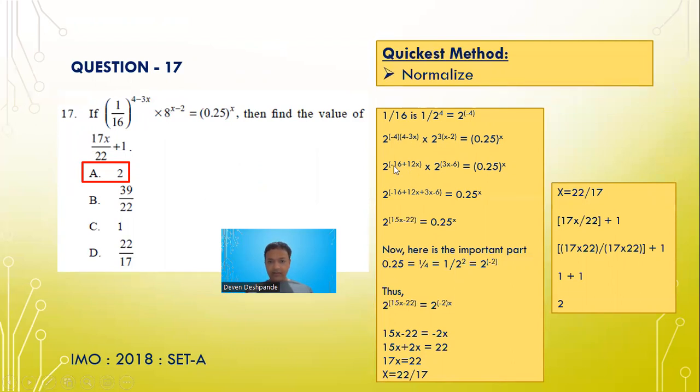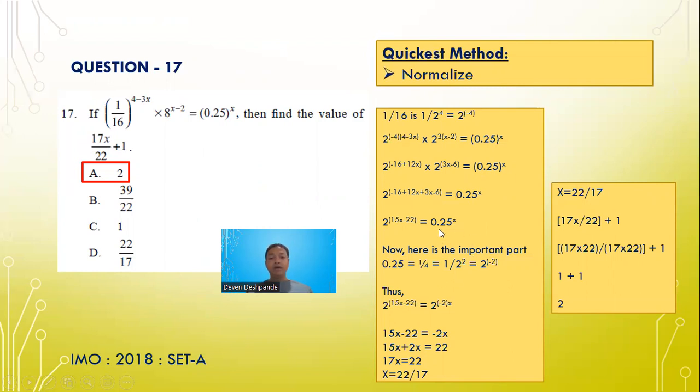So 2 raised to minus 16 plus 12x into 3x minus 6. 3 into x minus 3 into 2 is 6. It becomes 2 raised to minus 16 plus 12x plus 3x minus 6 is 0.25 raised to x. Minus 16 minus 6 is minus 22 and 12x plus 3x is 15x. So 2 raised to 15x minus 22 is 0.25 raised to x.